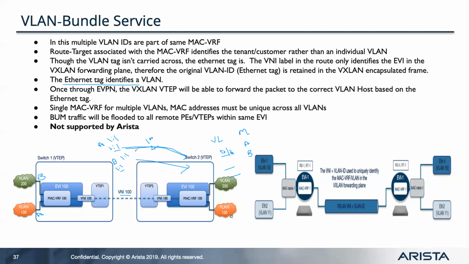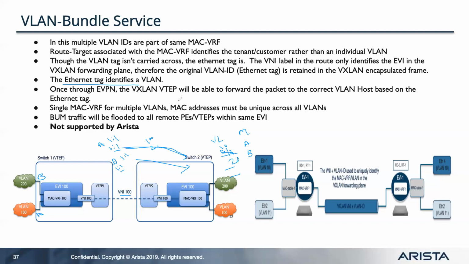So that information is also added into this, right? Because of that Ethernet tag value, you would be able to identify whether it belongs to VLAN 10 or 20. So now you will refer Ethernet tag, not RT, to understand which VLAN this belongs to.